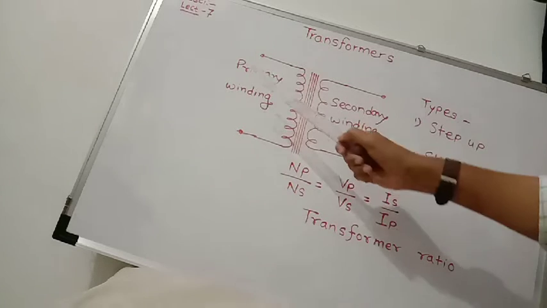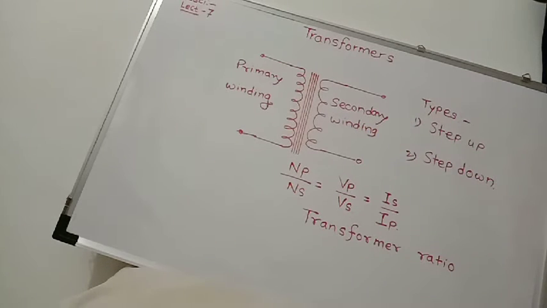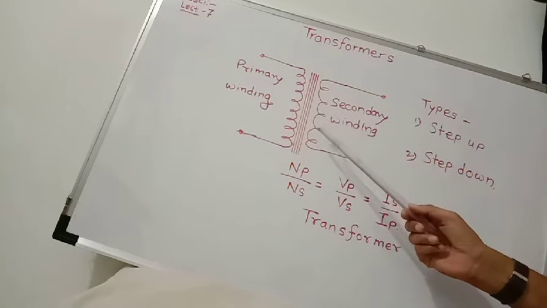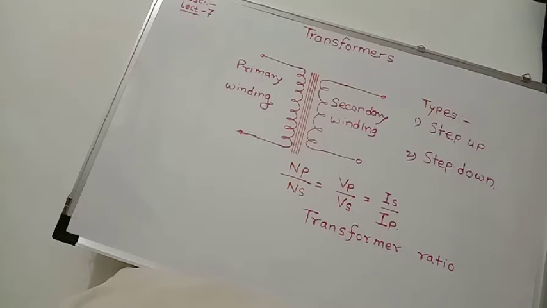If the input voltage is 230 volt, then the secondary voltage will be greater than 230 volt. Therefore it is called a step up transformer.